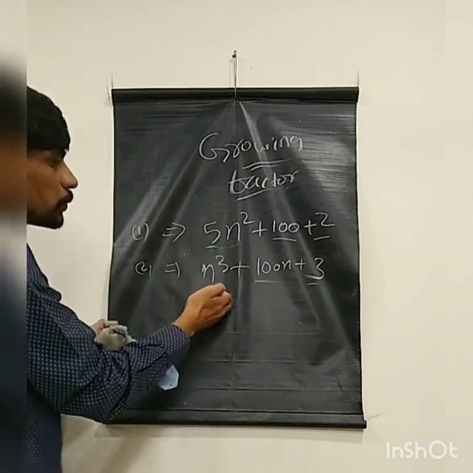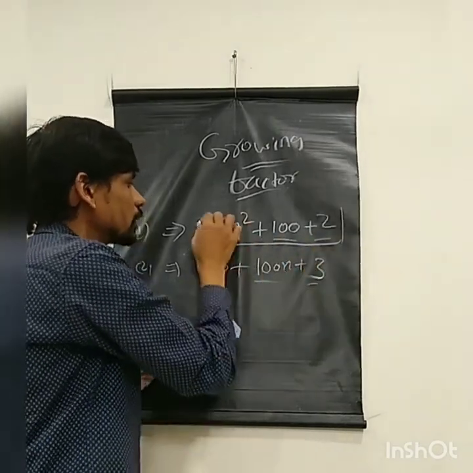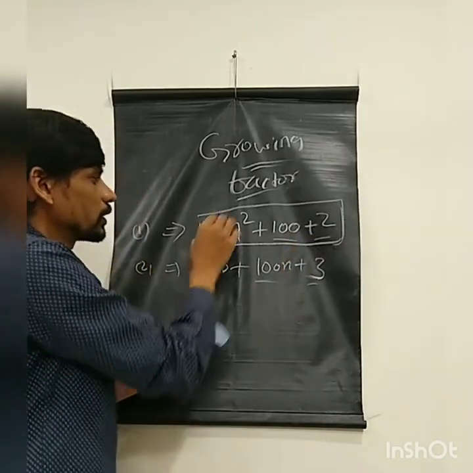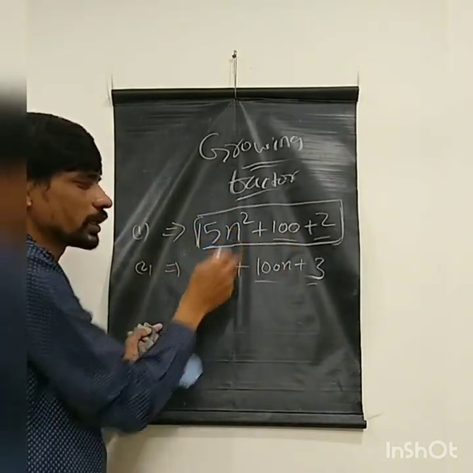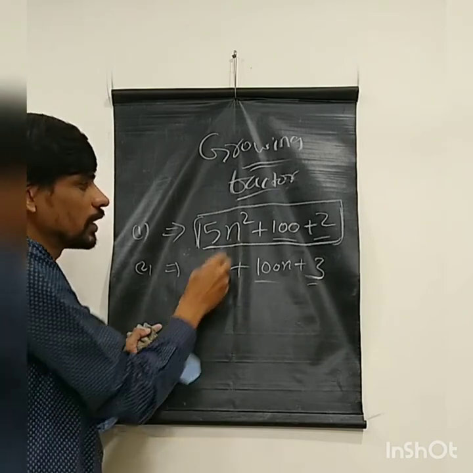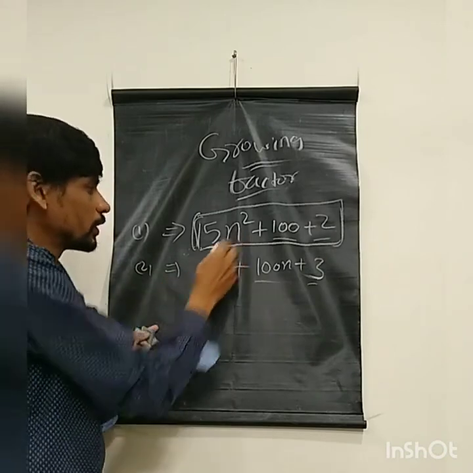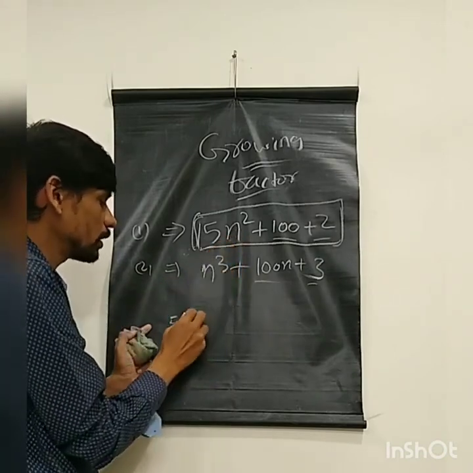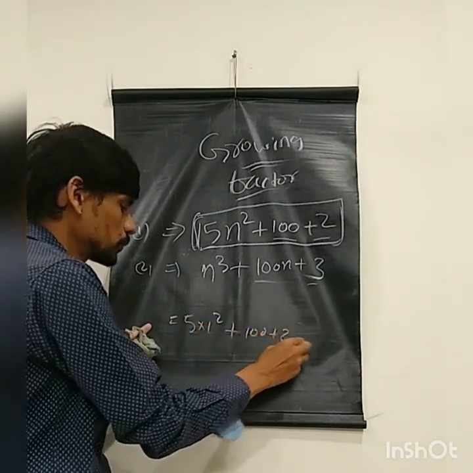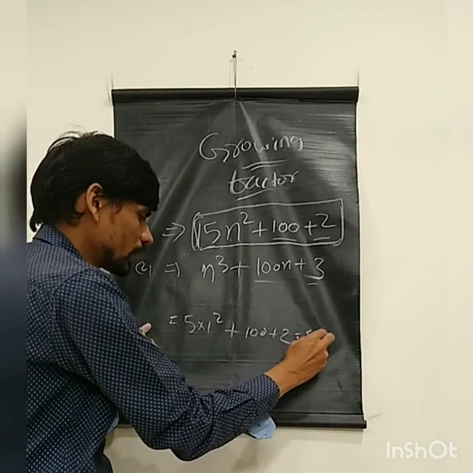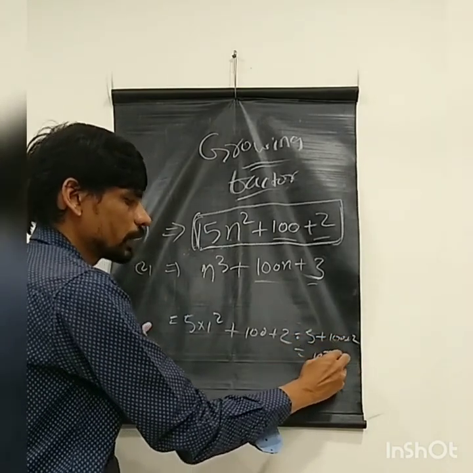For example, in these two functions, if you take this first function, what is the growing factor here? My growing factor is definitely n. If my n increases, this function will take a lot of time, right? So for example, if my n is 1, 5 multiplied by 1 square plus 100 plus 2, this is equal to 5 plus 100 plus 2, which is 107.